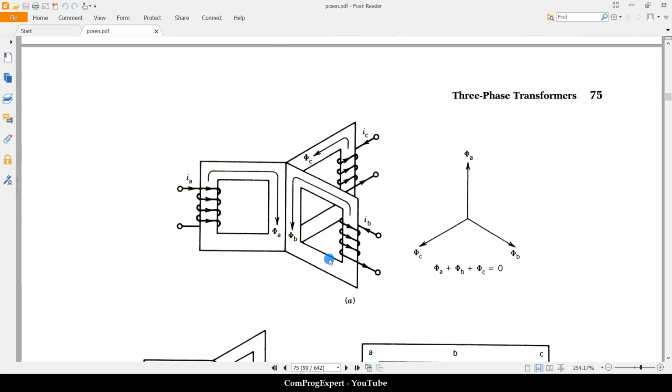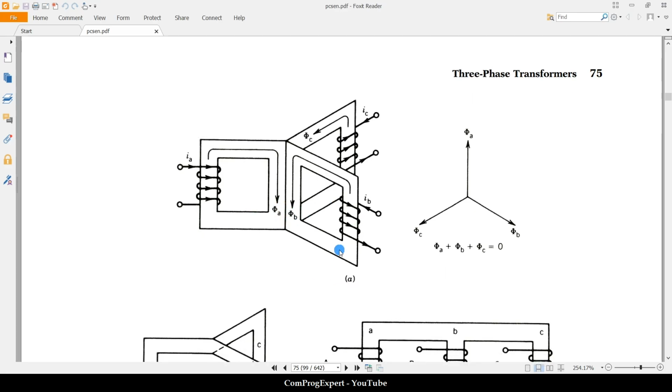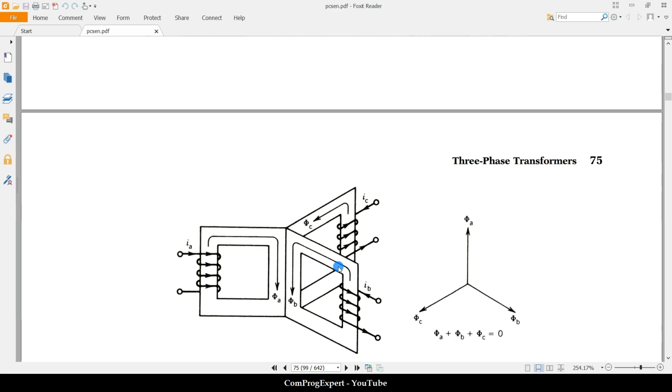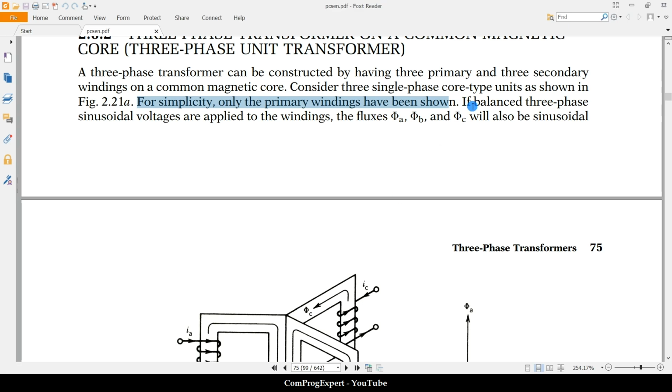So if we have three single-phase transformers and we connect cores like this, considering this image. For simplicity, only the primary windings are shown, and also you see one slice of the core here.